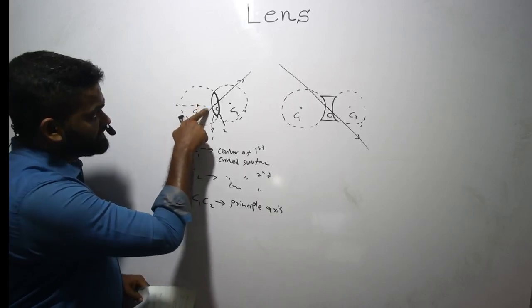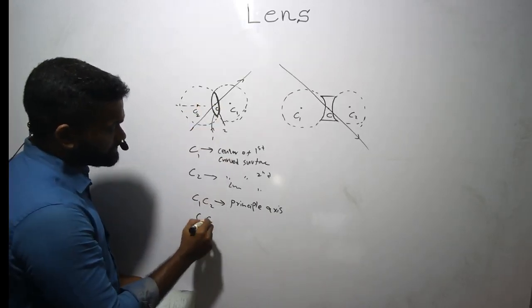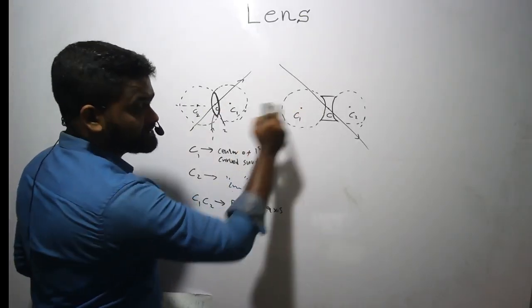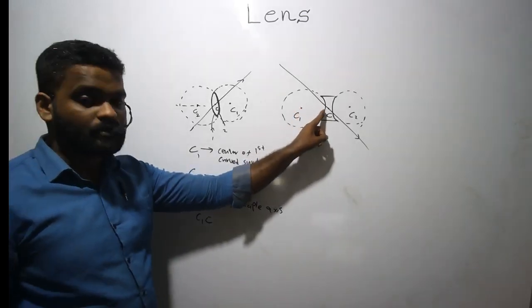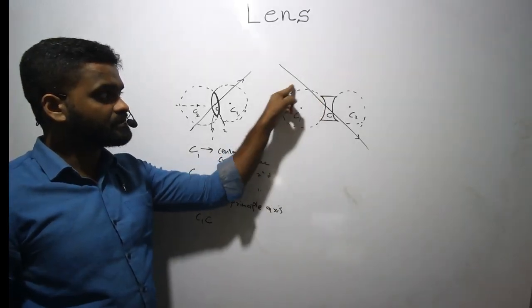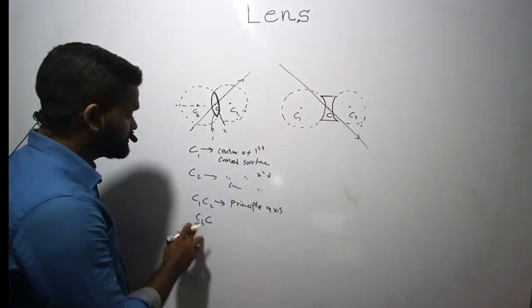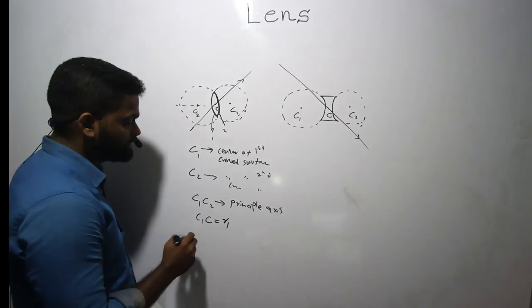Then another one you have to understand is, what is this? C1, C. Here as well, right? C1, C. So what is that? This length is what we call the radius of curvature. So C1C, let's call it R1.